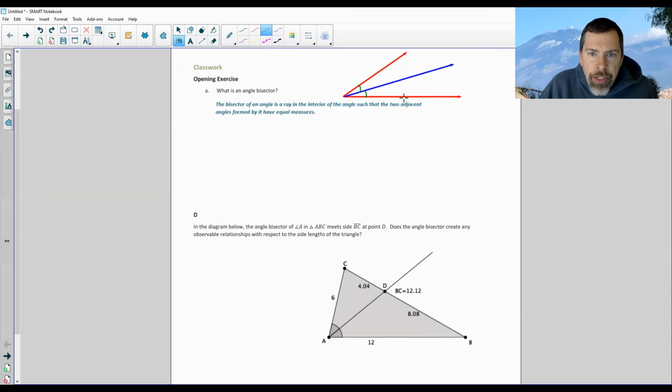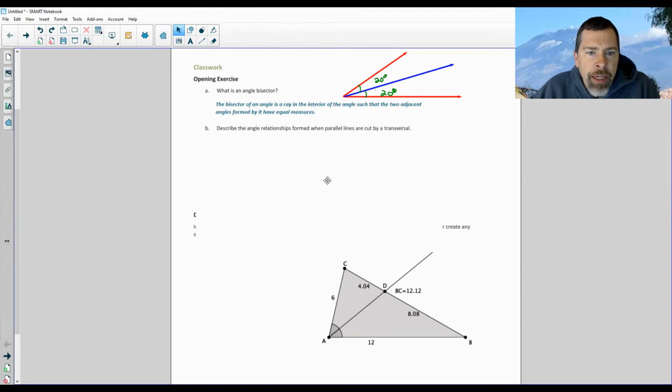So if the whole thing was 40 degrees, then this would be 20, and this would be 20. So a ray in the interior of an angle such that the 2 adjacent angles formed by it have equal measures. Simple enough.